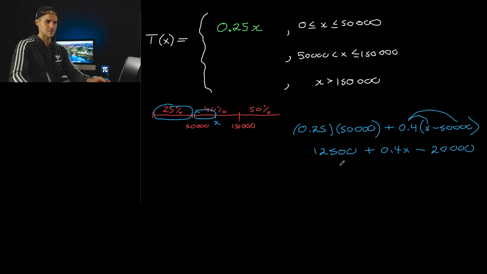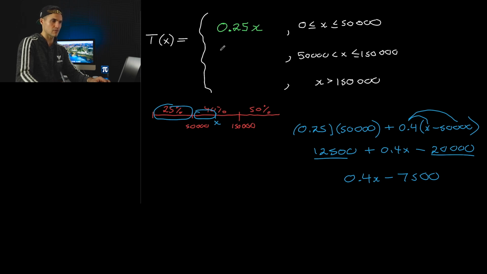Like that. And so, combining like terms, we would end up getting 0.4x minus 7,500, like that. 12,500 minus 20,000 gives us negative 7,500. And so the function that is going to go here is going to be 0.4x minus 7,500.